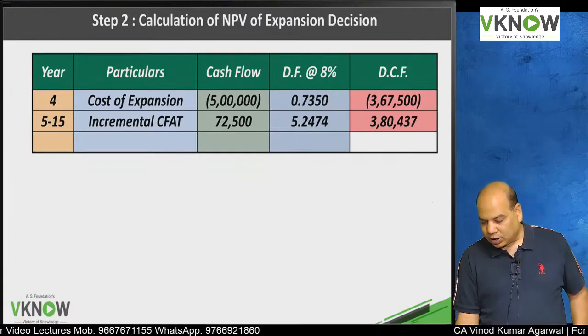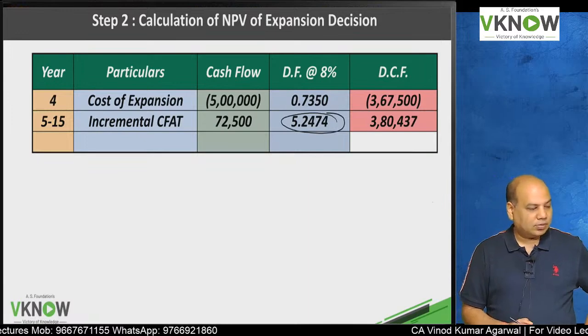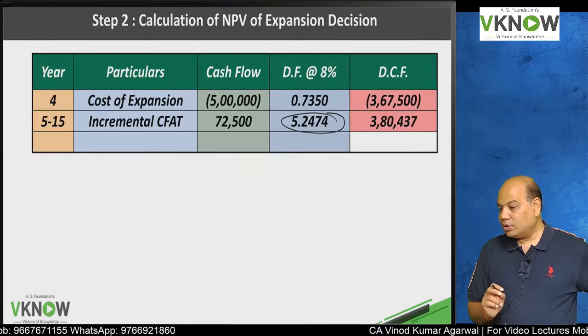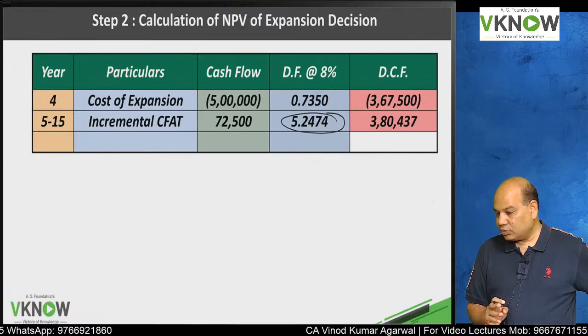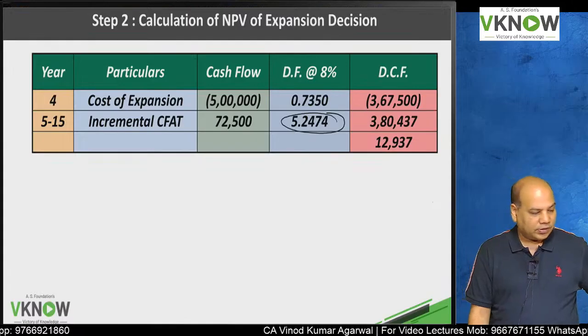Are you able to calculate this factor? If yes, then tell me. If no, then I will explain. Are you able to calculate the factor? Yes. Multiply, take total. 12,937.